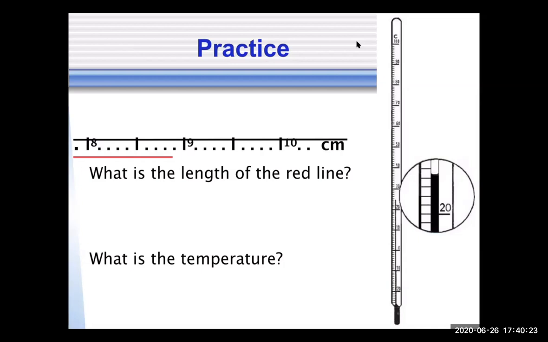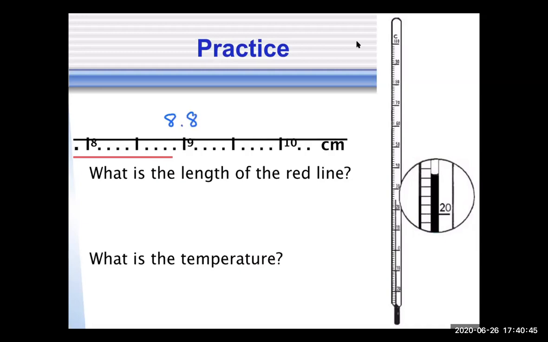Looking at this one, it says, what is the length of this red line? It's going from 8 to 9. We're in centimeters. So I know this is 8.5, 8.6, 8.7, 8.8. Okay, so I know 8.8 for sure.